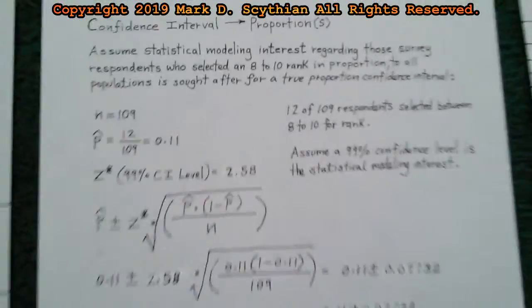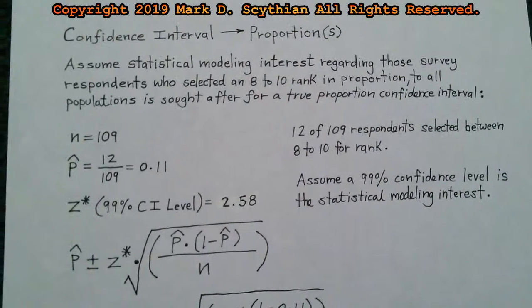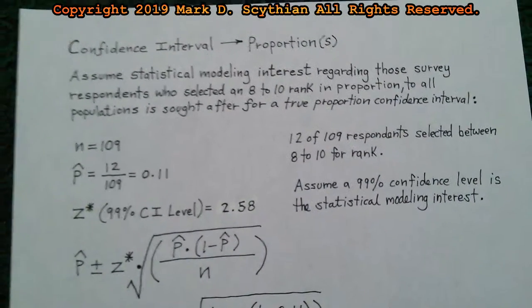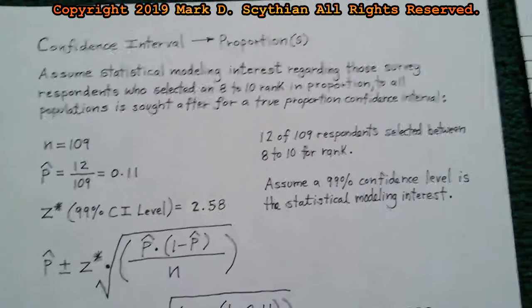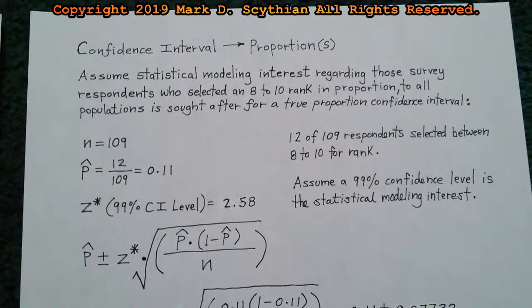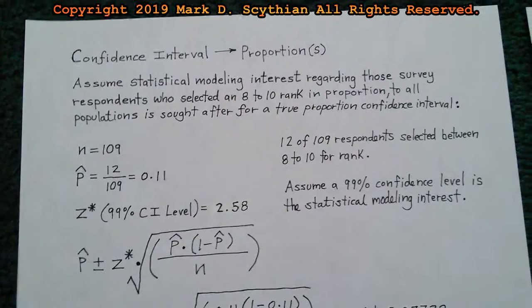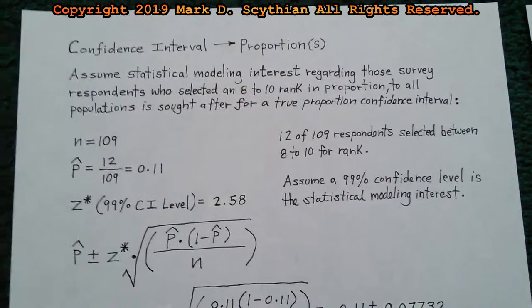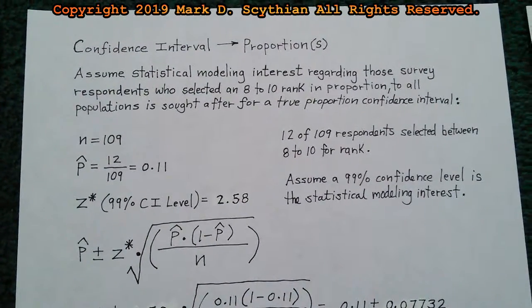So let's just say you want to know what the confidence interval is if all people took the survey, for a high rank, let's say 8 to 10. Again, this might be some make, model, and year of automobile, and he took a random survey sampling from all different backgrounds. Again, it's unbiased, it's binomial, a random distribution.